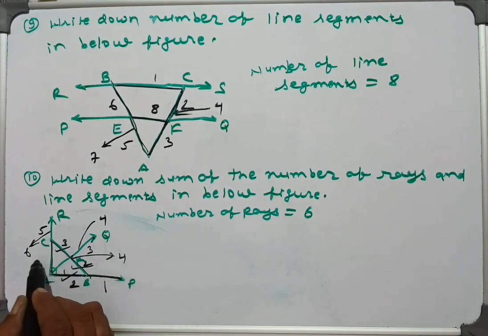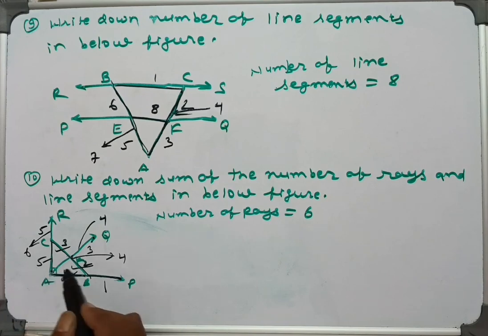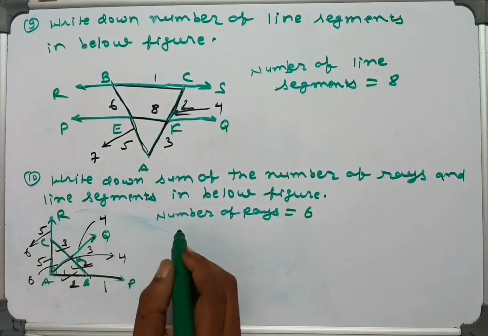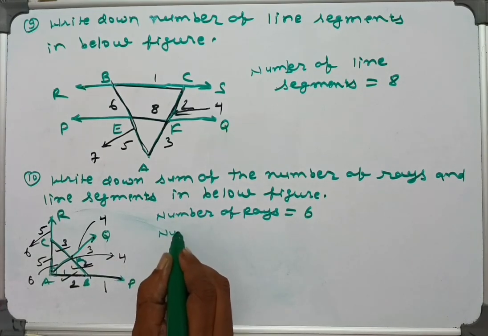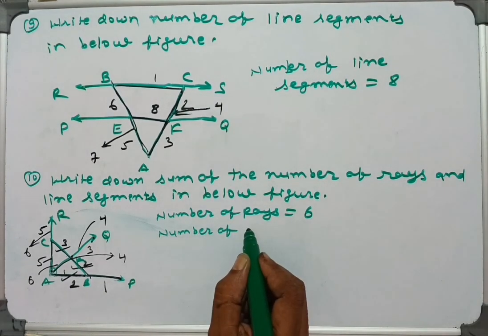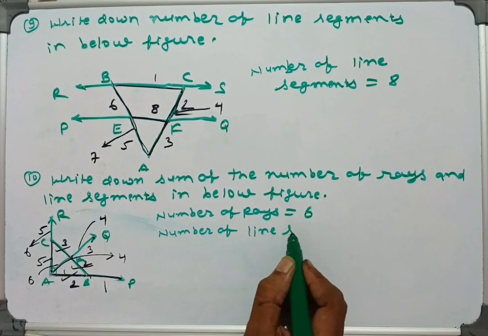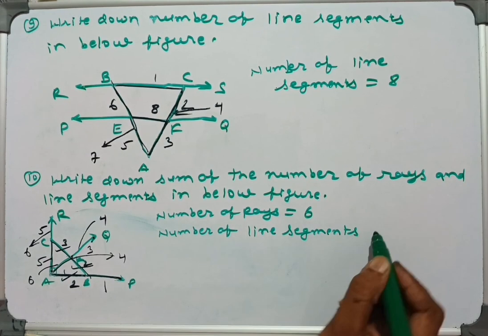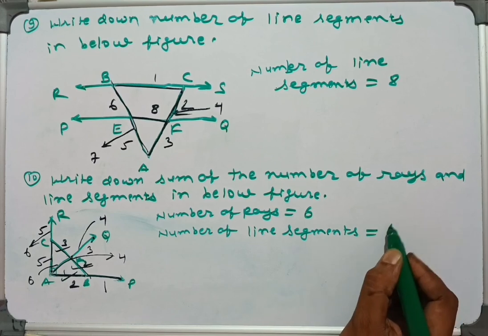Now AC is the fifth one, and AK is the sixth one. So the number of line segments is equal to 6 here.